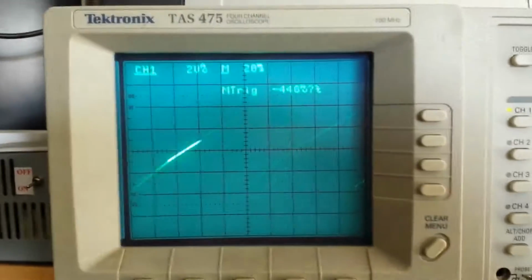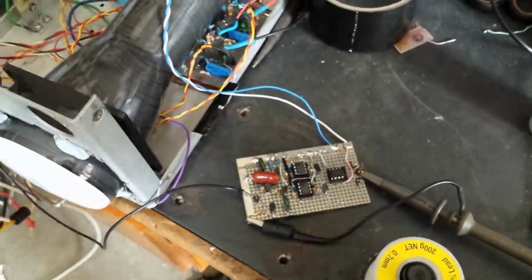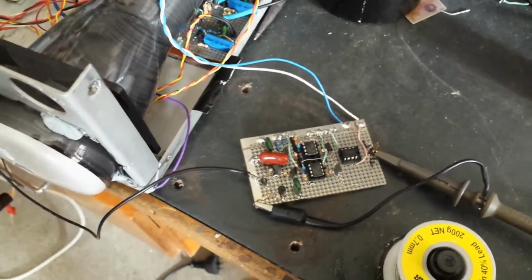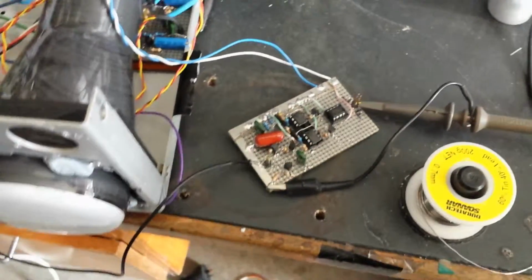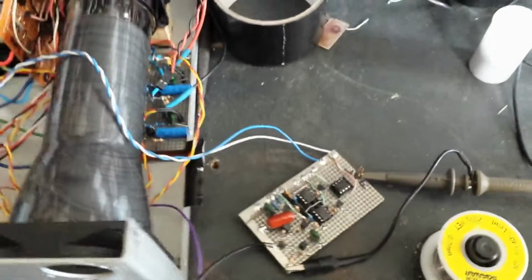I'm starting with narrow bandwidth 32 line television, so this line generator is made for narrow bandwidth television 32 line standard. Anyway, that's all working, so I'm very pleased about that.